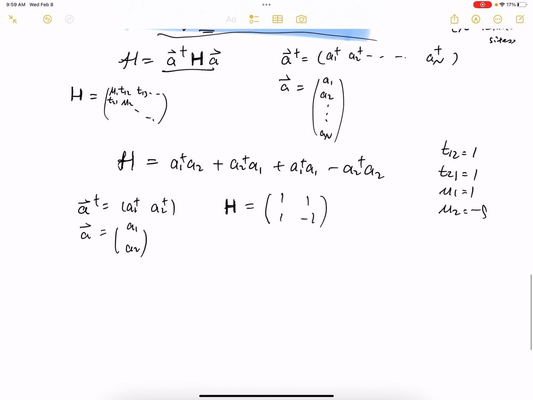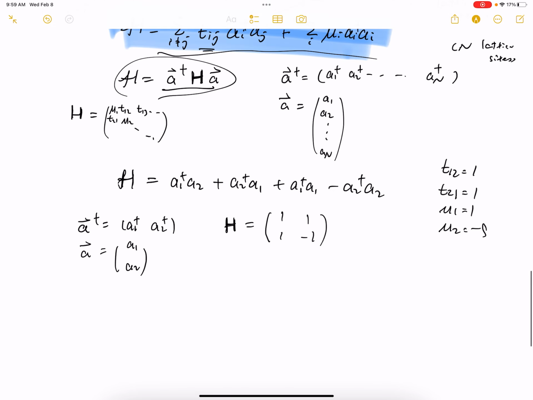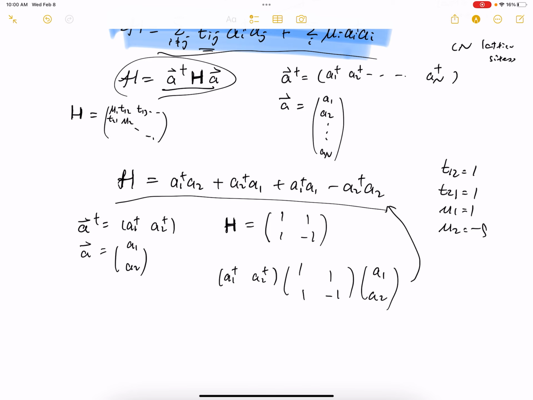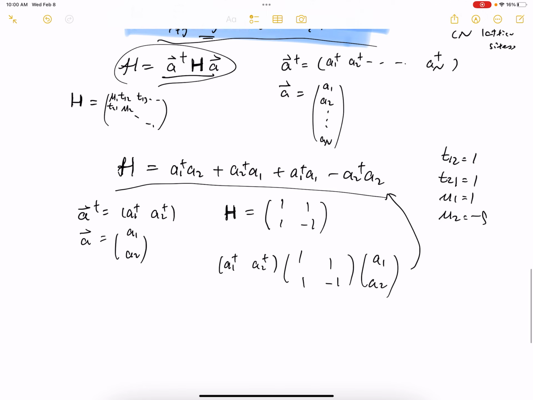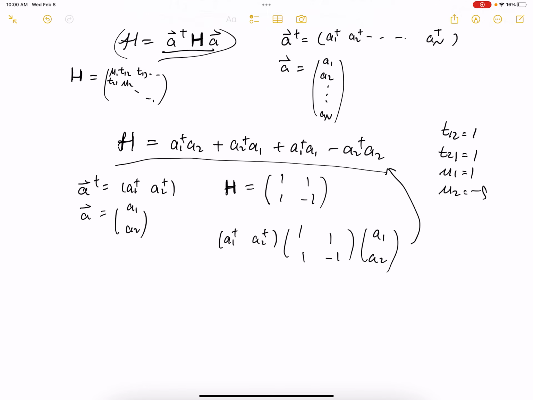Then we can just do this matrix multiplication. So I will have A1 dagger, A2 dagger, then 1, 1, 1, minus 1, and then A1, A2. You can do this multiplication, it will directly give you this equation. It's not very hard to see. I don't think I need time to expand this. It's a pretty simple exercise. It's just a compact way to write this Hamiltonian.